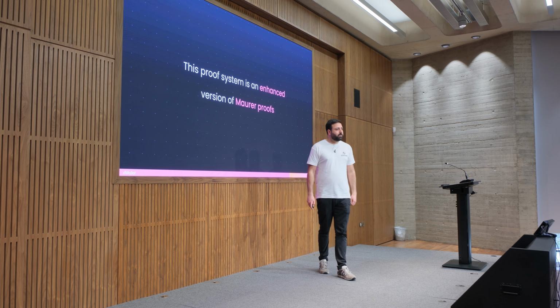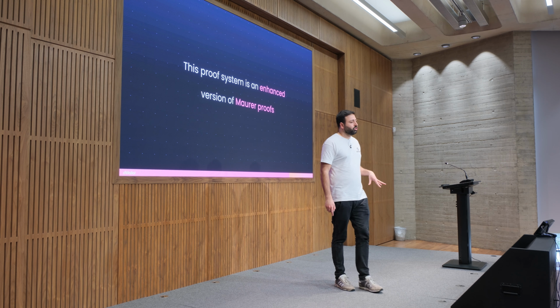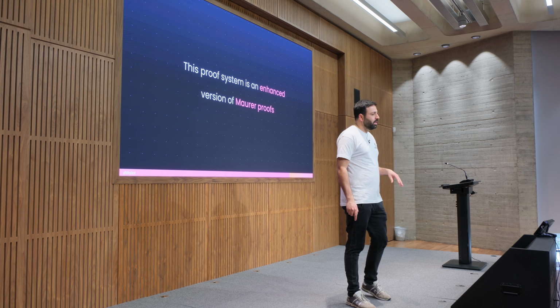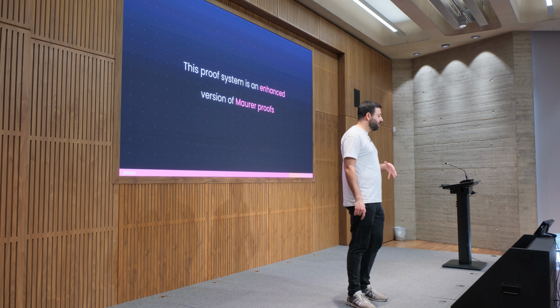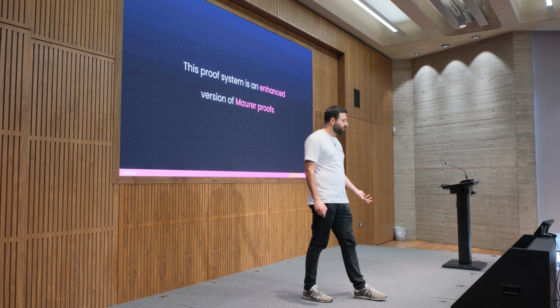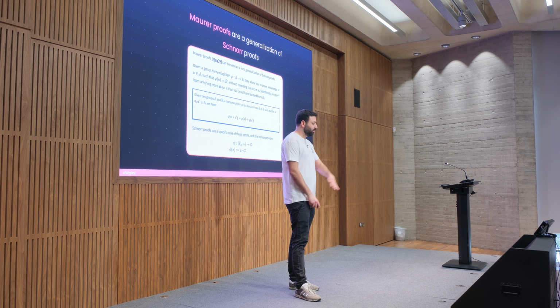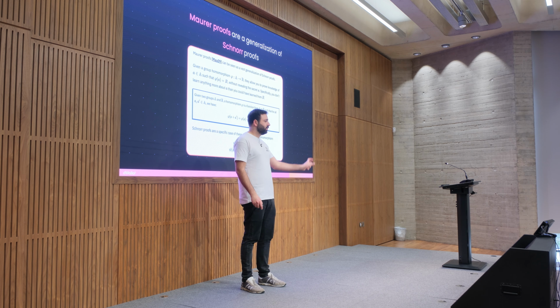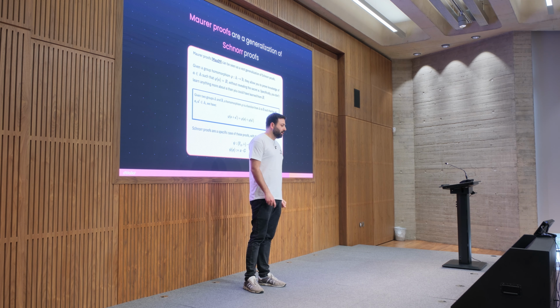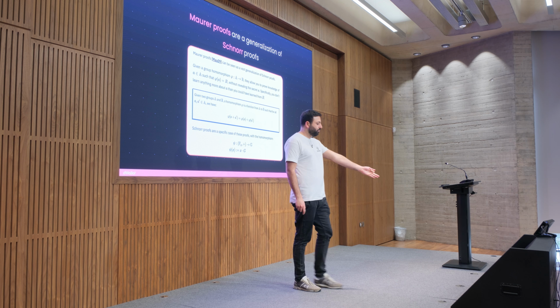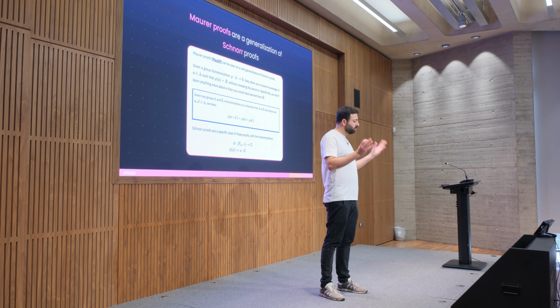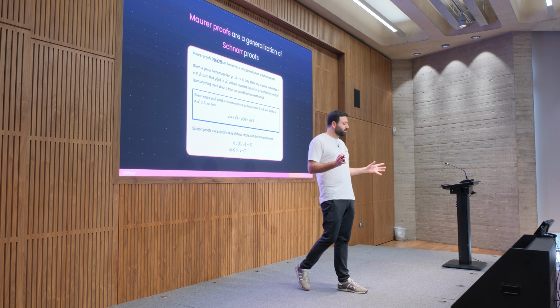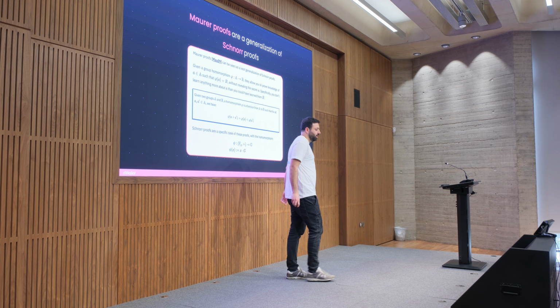But our proof system is an enhanced version of this. First of all, it's an enhanced version of Maurer proofs, which are a generalization of Schnorr proofs that work for any homomorphism, because Schnorr was just for this knowledge of discrete log. So you have any homomorphism phi in which you can plug in two numbers, a and a tag, and you can sum them up under phi.